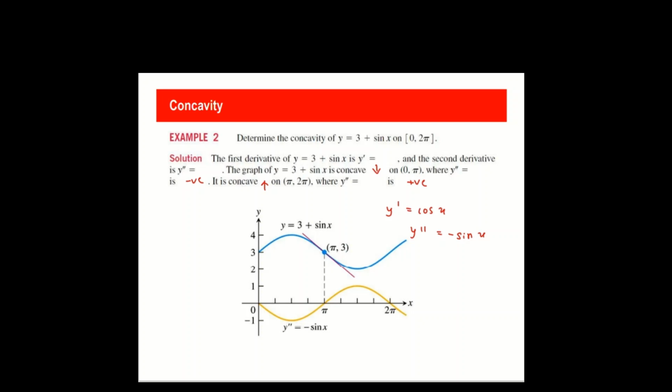We plotted this yellow line for y double prime, negative sine x. You can see the values from 0 to pi are always negative, and from pi to 2 pi they are always positive, and it is reflected in our original function y equal to 3 plus sine x. You can see the shape here, concave downward when y double prime is negative, and when y double prime is positive, it is concave upward.